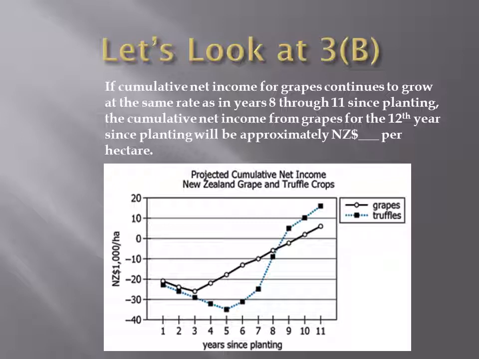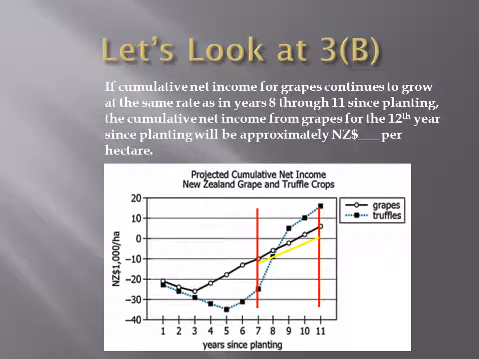So for our beginning amount, we actually want to look at the value above the number 7, because that's going to be the beginning of our 8th year or the end of our 7th year. And then our ending value is going to be the end of the 11th year. So we are trying to look at the average yearly growth through years 8, 9, 10, and 11, 4 years.